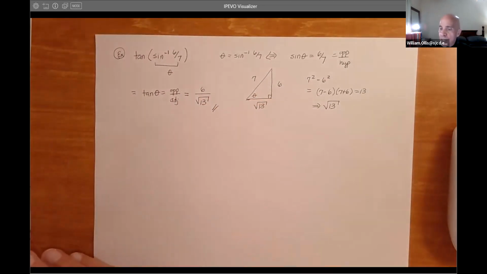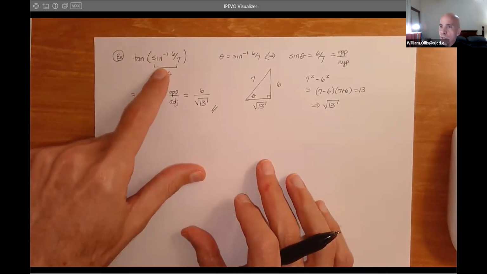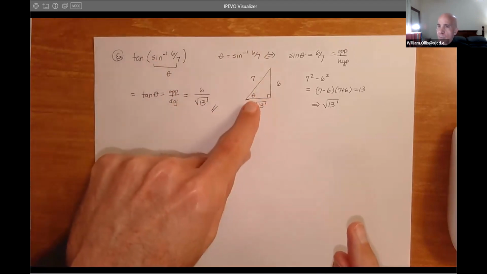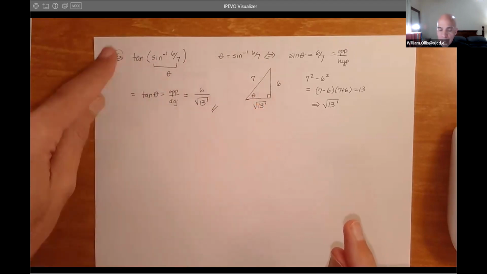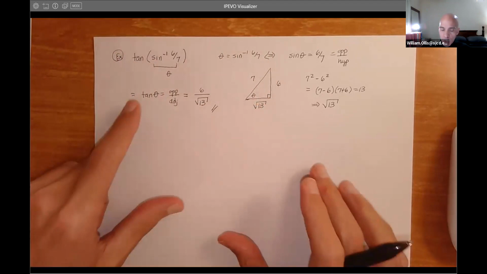So now you see how simple this is when we're working with inverse trig functions and these kinds of compositions where the inner function is inverse trig. Because once you make that assignment, you create a right triangle, a reference triangle, which then you can solve. You can look at the outer function and do tangent of theta.